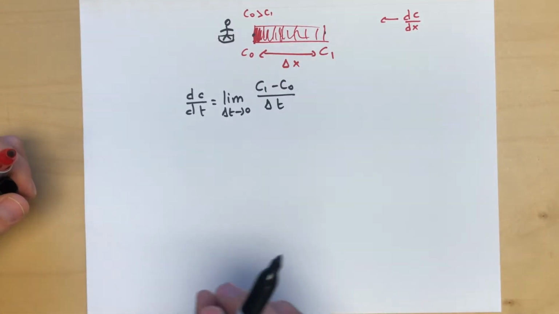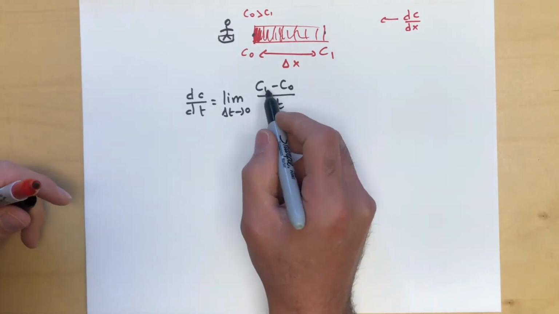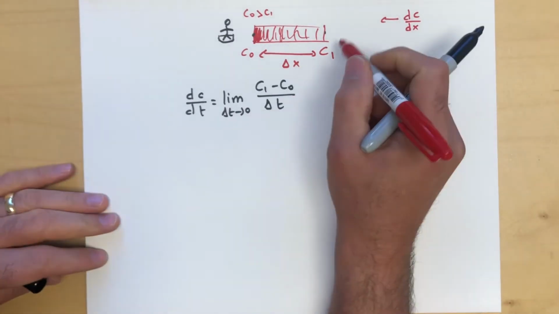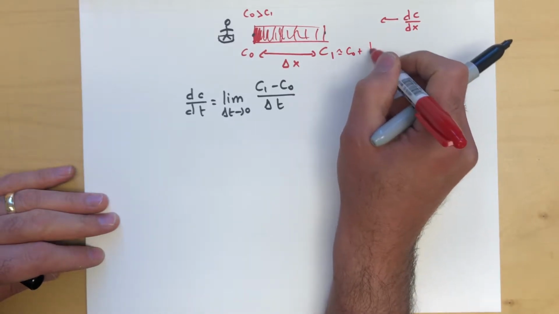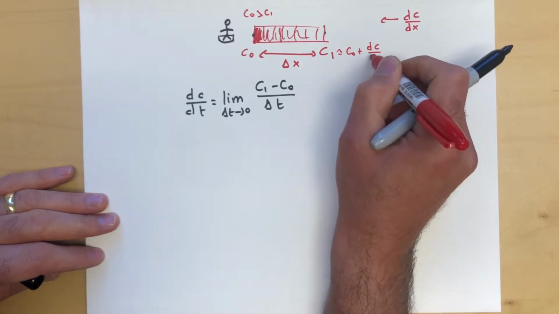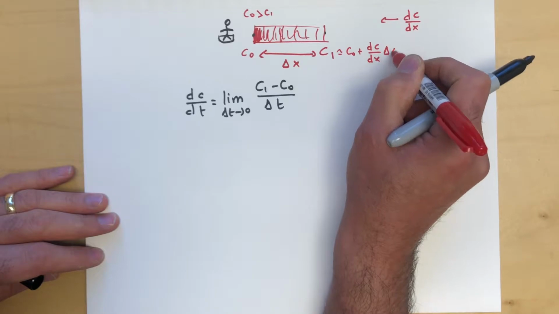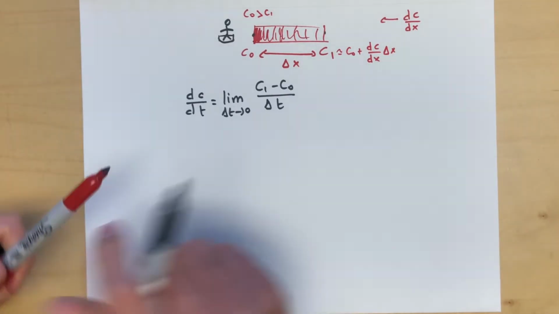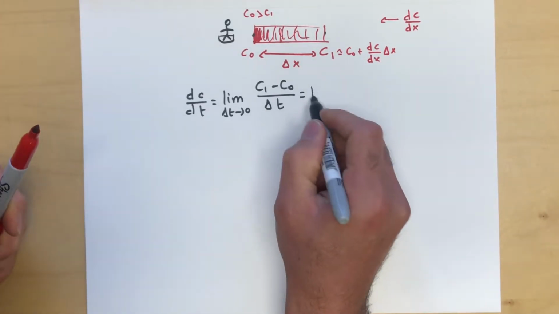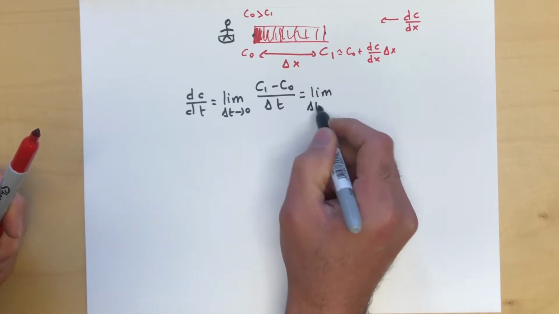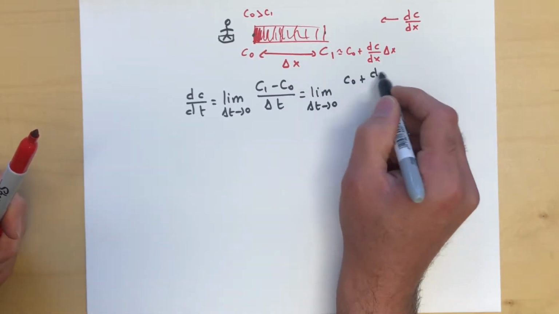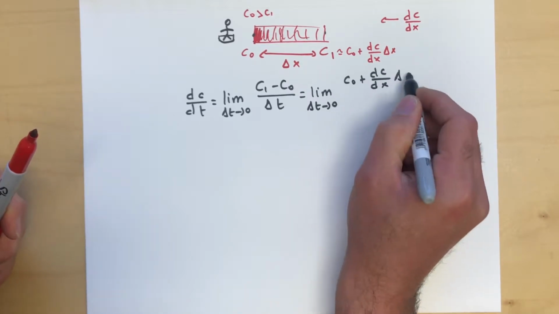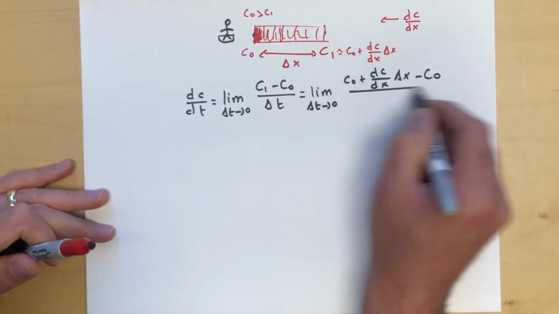Now, because this is an infinitesimal distance, we can say that C1 is approximately equal to C0 plus dC by dx times delta x, whatever that gradient is. Okay, so we're going to substitute this here. We get the limit as delta t approaches 0 of (C0 plus dC by dx delta x minus C0) over delta t.